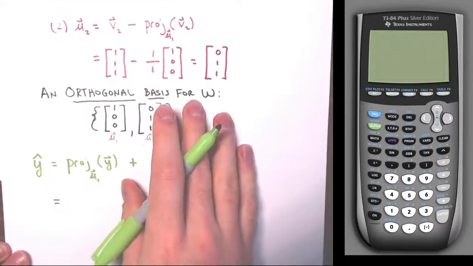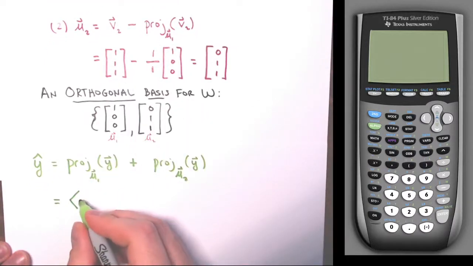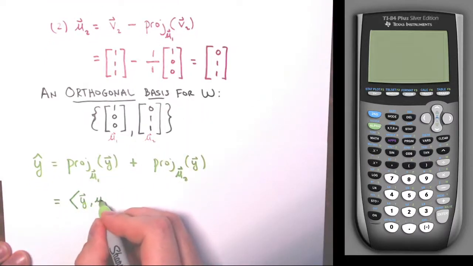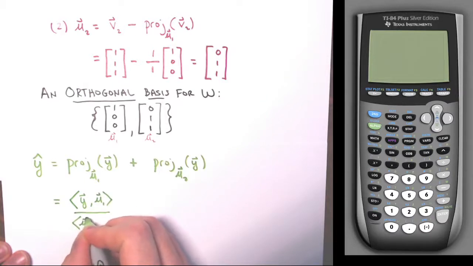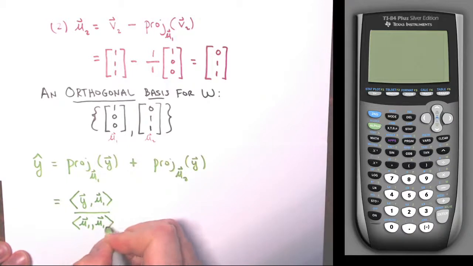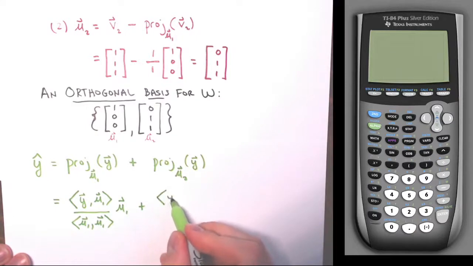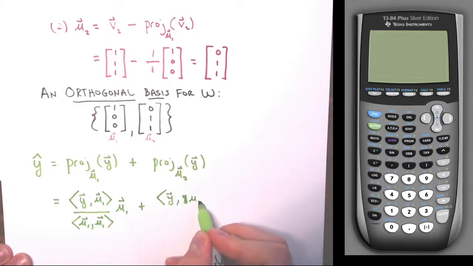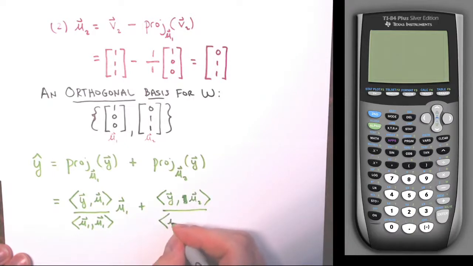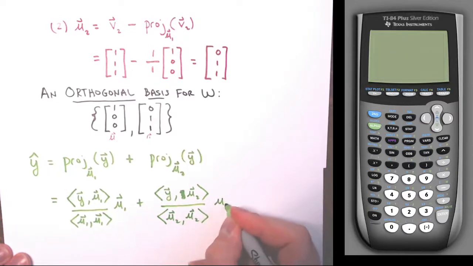All right, and again, writing out the formulas, this would be the inner product of y with U1 divided by the inner product of U1 with U1 times U1, plus the projection of y onto U2, which is the inner product of y with U2, sorry, not y, U2, divided by the inner product of U2 with itself times U2.